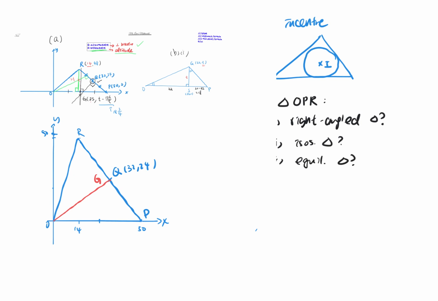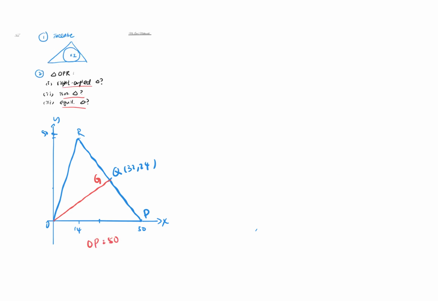But this one is of course not equilateral. If OP is 50, and if you check PR, it is surely not 50. Okay, so let's see. If one of these conditions exists, then it will be much easier to calculate the answer.